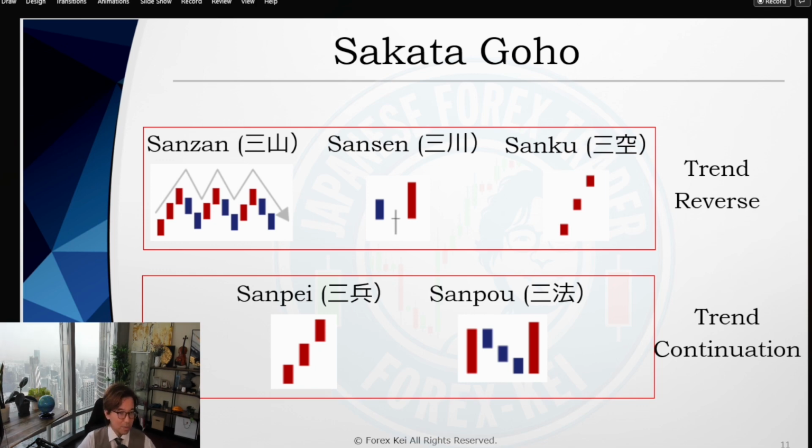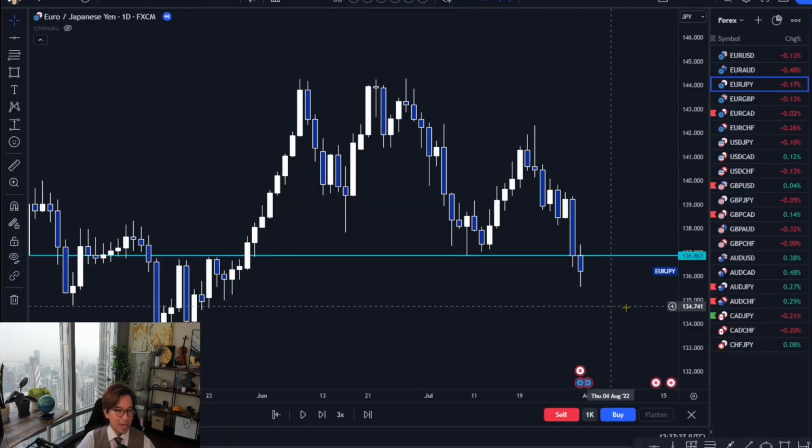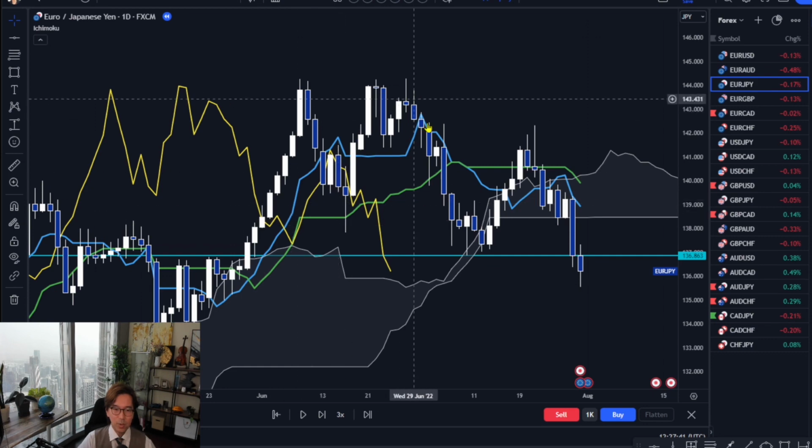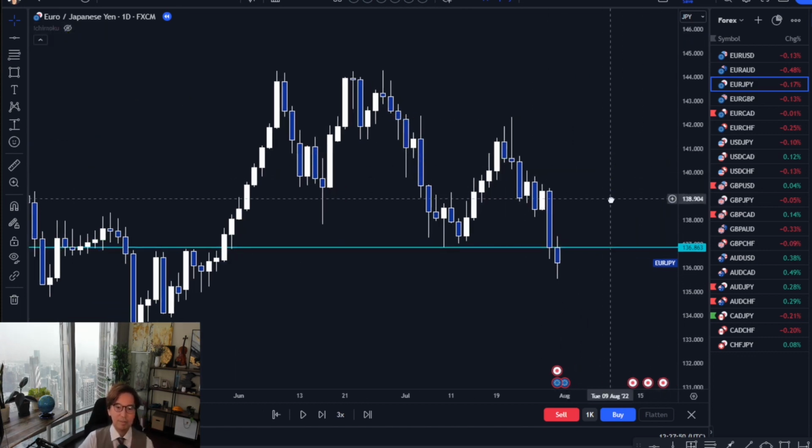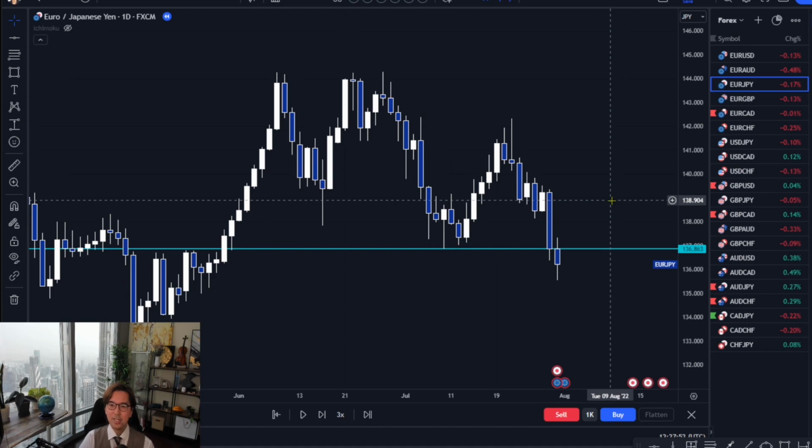But now, on top of Sakata Goho, I apply Ichimoku Kinko Hyo like this. And then I know exactly what's happening. I can be more specific on exactly what's happening within the markets. But basically, Ichimoku is created based on the price actions or Sakata Goho like this.